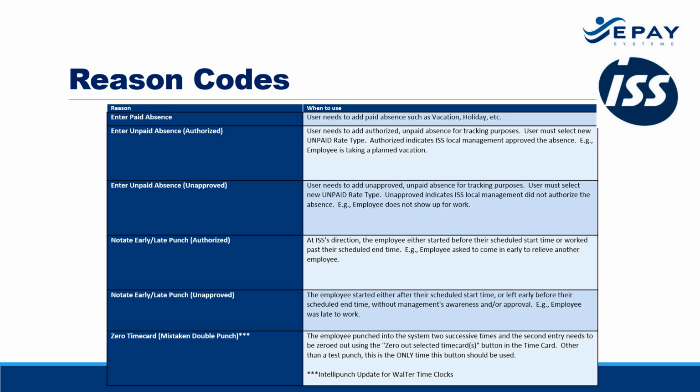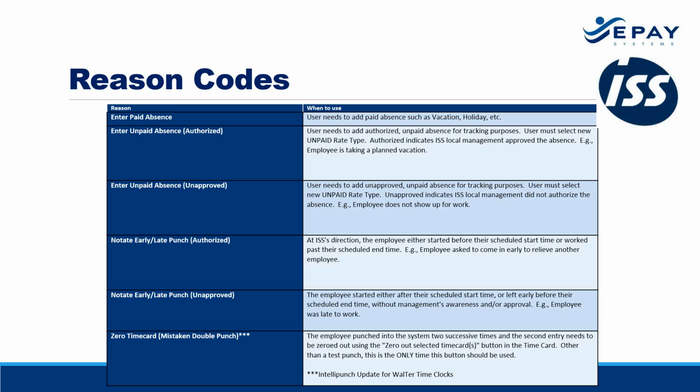So that's always an option for you to keep in mind, that these reason codes can be used for a little bit broader area other than just the typical mispunch scenarios that we tend to do on a day-to-day basis. A couple other ones here: notate early, late punch authorized.